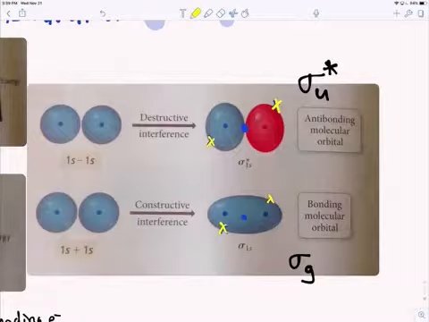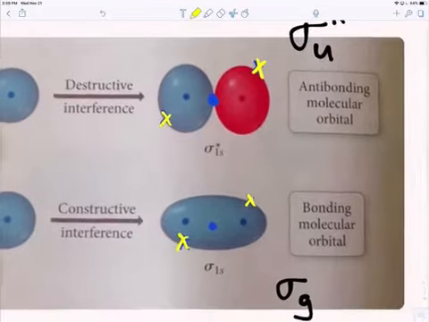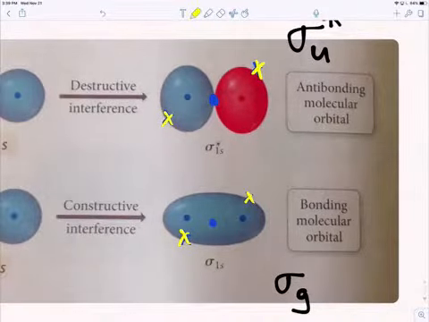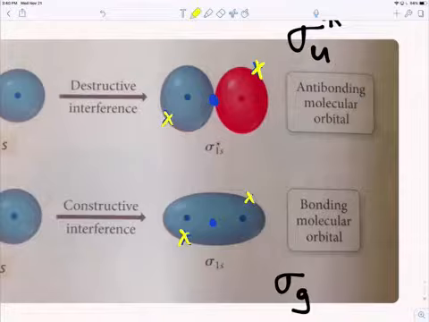If you look at these two through inversion, meaning if you invert it through the center, this molecule is the same going through, at least the sign of the wave function. Up here, the sign is opposite. If the sign is asymmetric, so not symmetric, that is known as ungerade. That's German for not symmetric. And then if it's symmetric, it's known as gerade.